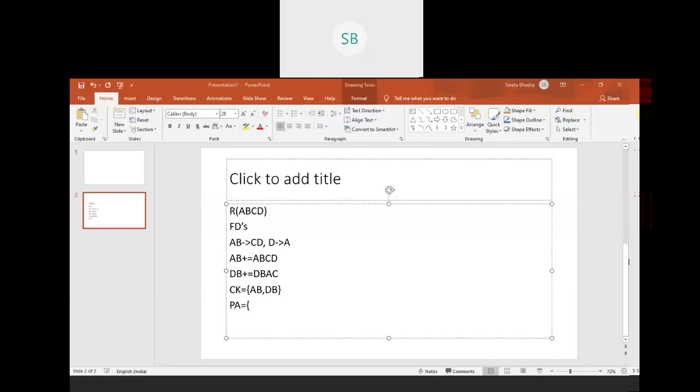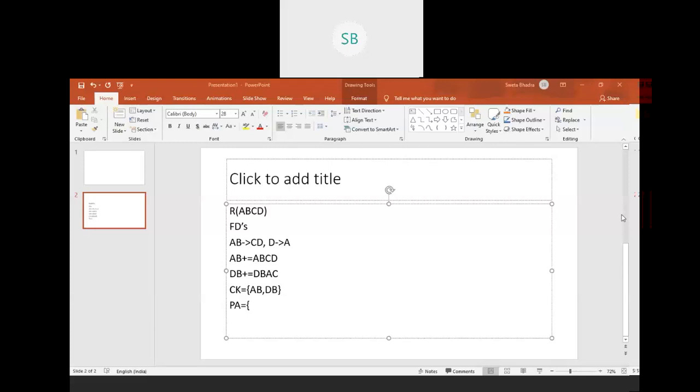Varsha, Dev, Lonkir, no confusion? Prashant, any problem? Yes. Okay.